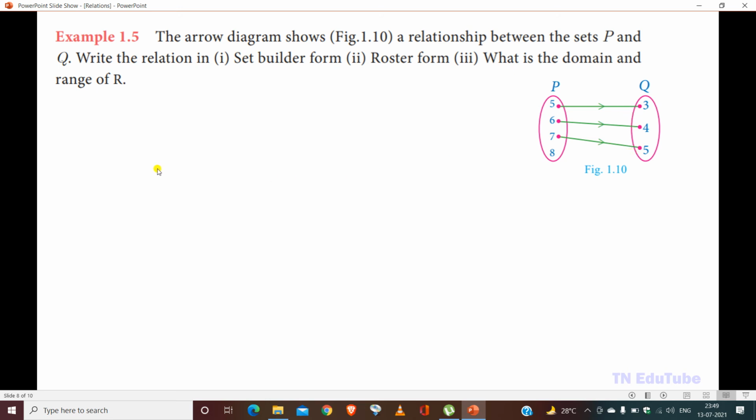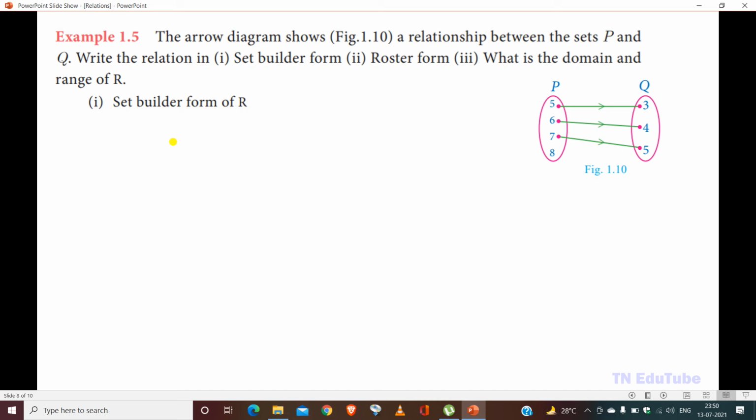Here the first question, set builder form of R. Set builder form means you have to find out the rule, how the relation is formed. 5 comma 3, 6 comma 4, 7 comma 5.